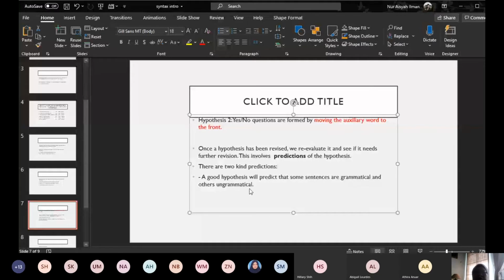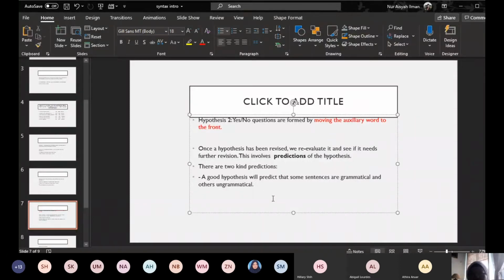So a good hypothesis will say, based on my hypothesis, the rule that I'm making, some sentences will be grammatical. And how is the sentence grammatical? Because it reflects the hypothesis lah. Nanti kalau kita kata obey tu macam rule or law kan. But actually hypothesis lama kelamaan nanti kita akan tengok dia jadi law or jadi rule.